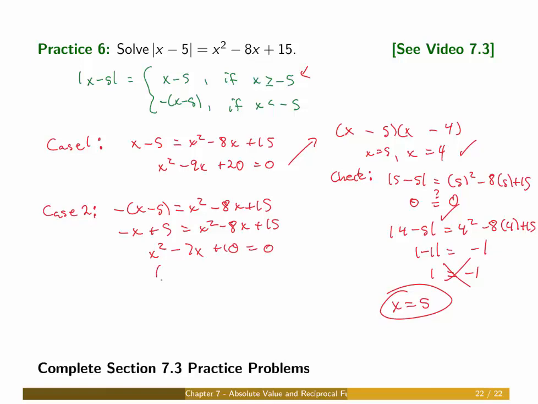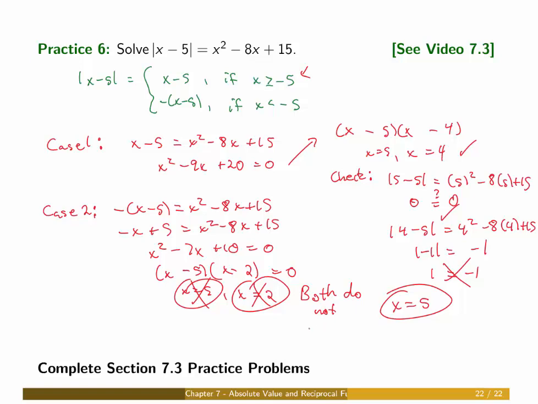Now 5 and 2 will give us our solutions: x equals 5, x equals 2. Now we can immediately get rid of x equals 5 and x equals 2 because they both do not satisfy the conditions. So our solution is only x equals 5.